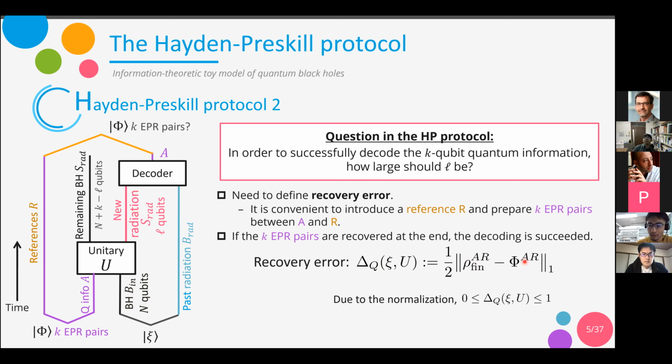And phi AR is just the k EPR pairs. And as I said, if these two are close enough, then we say we succeeded in the recovery operation. So this is the error. And here we have the normalization factor 1/2. Because of this normalization, this recovery error is always between 0 and 1. And 0 is good and 1 is bad. Good. So this is the recovery error.